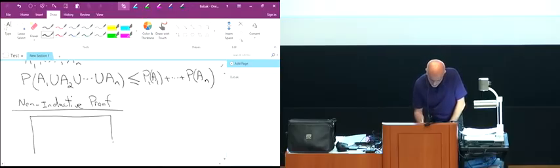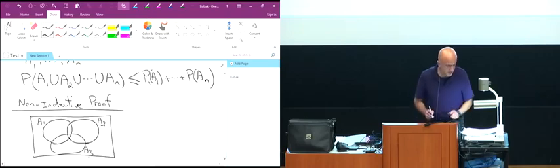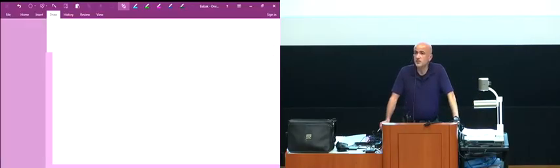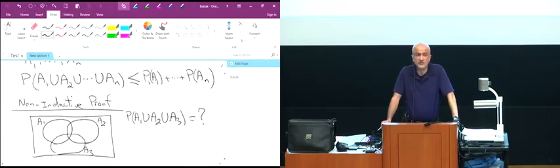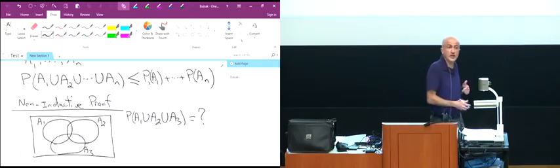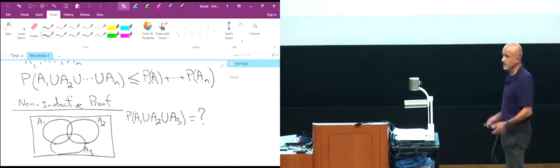So I'm going to do it for the case of 3 sets. Let's say I have 3 sets here. A1, A2, and A3. Okay? Instead of looking at the probability of the union of these 3 sets, I'm going to define a new set of sets that happen to be mutually exclusive because I know how to apply the probability of a union of mutually exclusive sets to that combination.